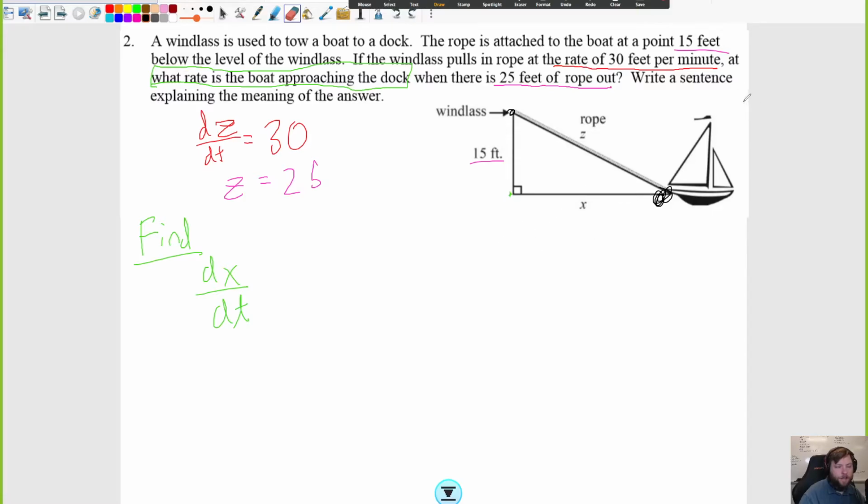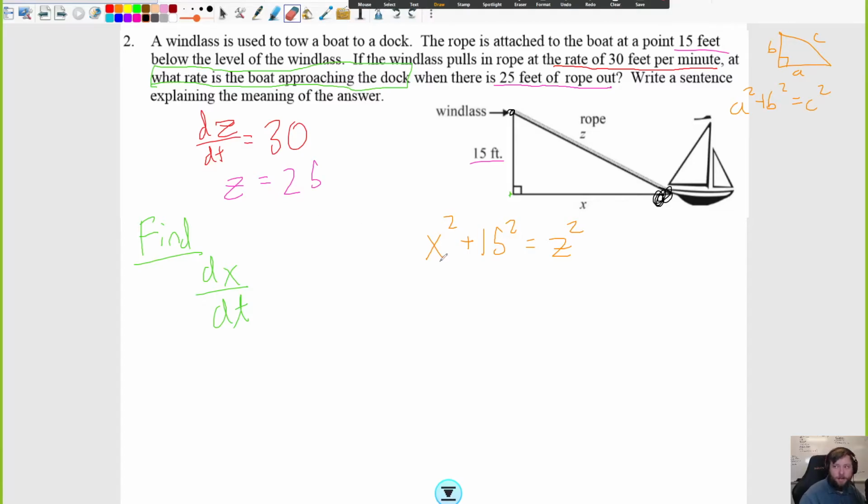And you know the Pythagorean theorem is a squared plus b squared equals c squared if you have a right triangle and the legs are a and b and the hypotenuse is c. We have a right triangle here. So my equation could be x squared plus 15 squared equals z squared. There we go.